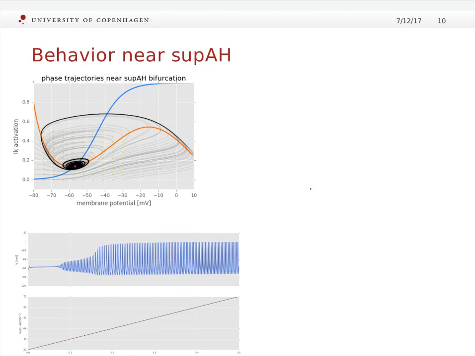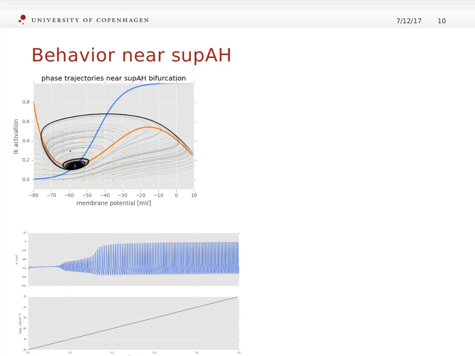So near the supercritical Andronov-Hopf bifurcation, it doesn't matter where you start from, you will converge to a stable equilibrium or a stable resting state. But what depends on where you start from is whether you will have an action potential or just a subthreshold oscillatory return to the resting state.